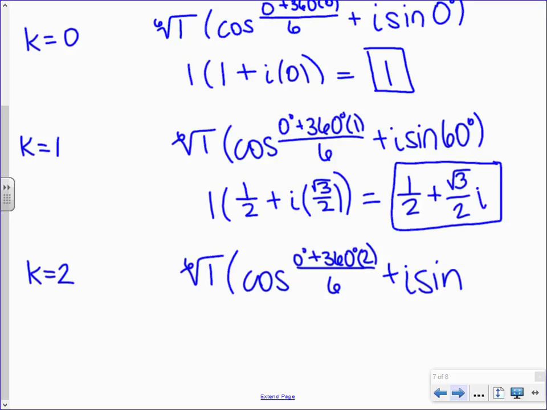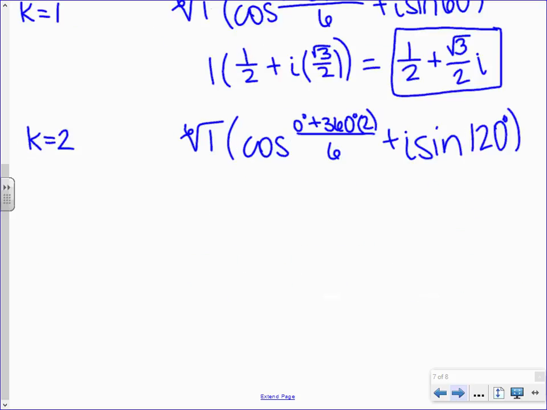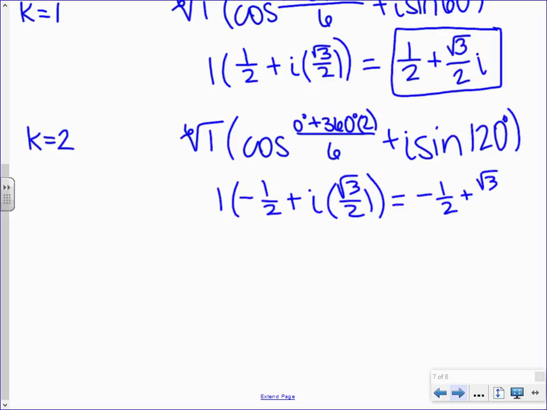Now what is our angle? 120. So we have 1 times the cosine of 120 is negative 1/2. The sine of 120 is positive radical 3 over 2. So our third 6th root is negative 1/2 plus radical 3 over 2i.